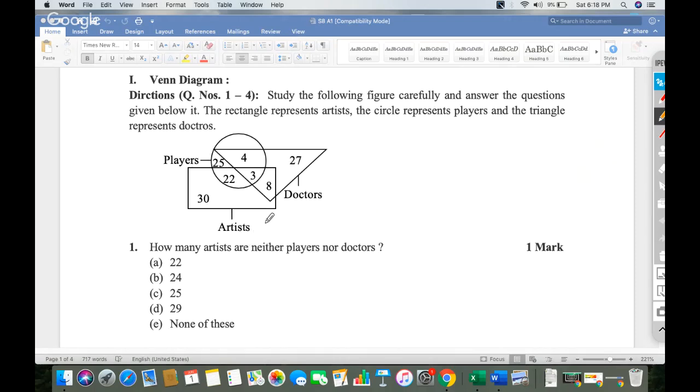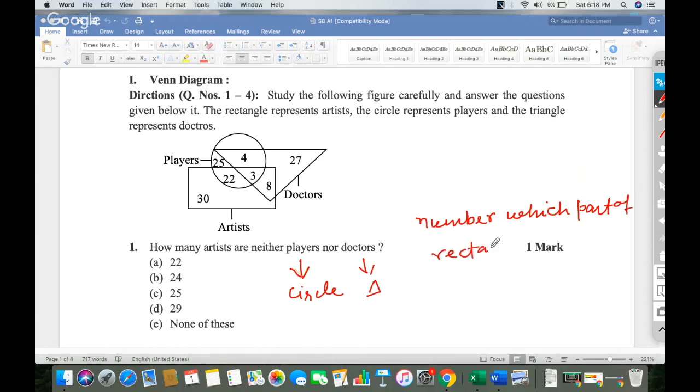It means that player is circle and doctor is triangle. So it means a number which is part of the rectangle but not of either circle or triangle.